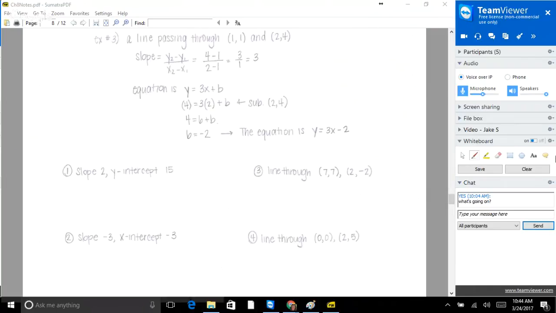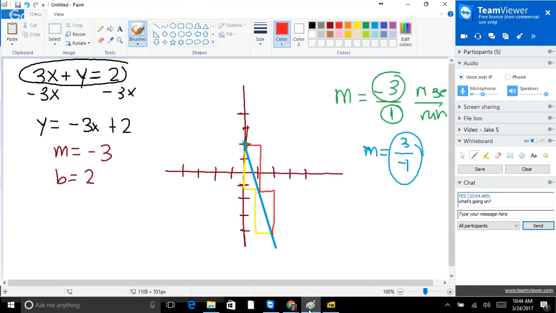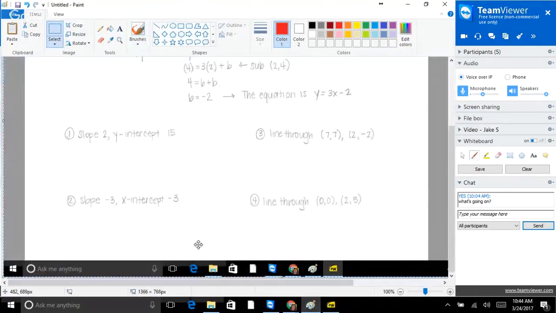Yeah, right? So you would just say the slope is 2, and the y-intercept is 15.